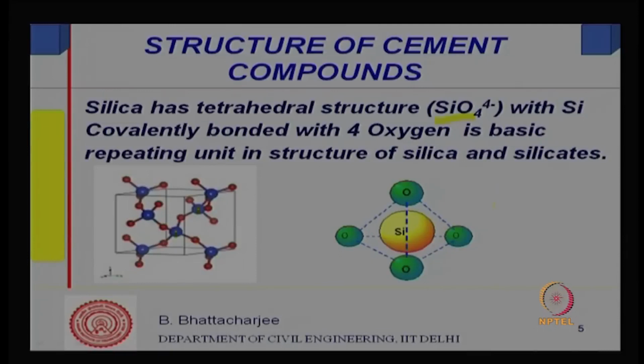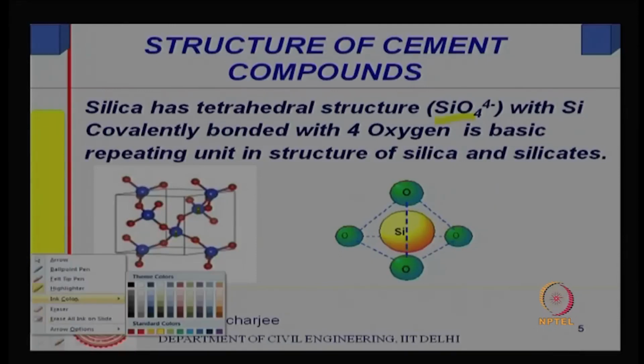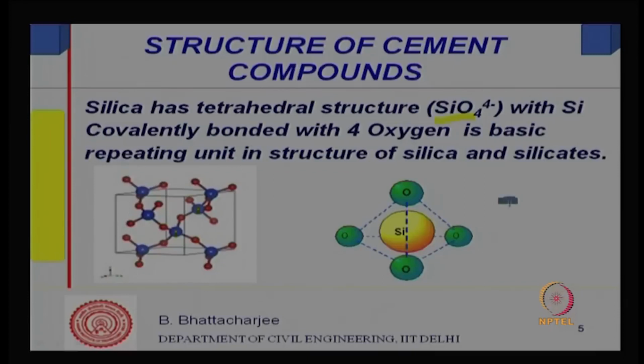Therefore, each oxygen is connected to 2 silica. So, if there are 4 oxygen combined with one silicon, since oxygen combines with 2 silicon each, the structure of SiO2 would be repetition of this tetrahedra. So, this tetrahedra on repetition forms SiO2 or compound silica.